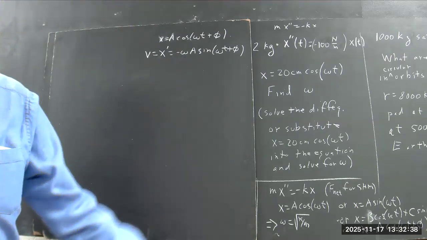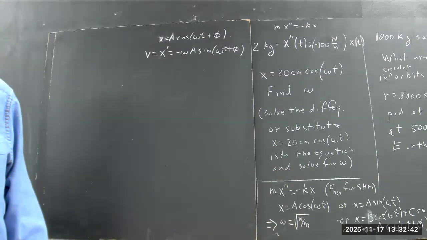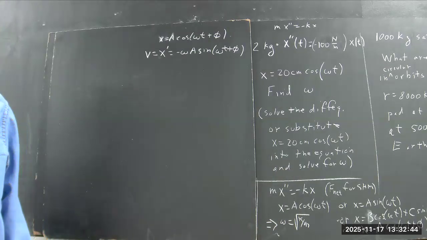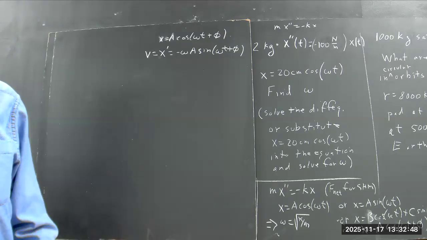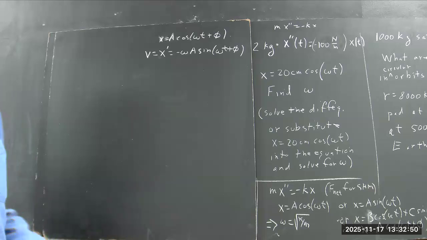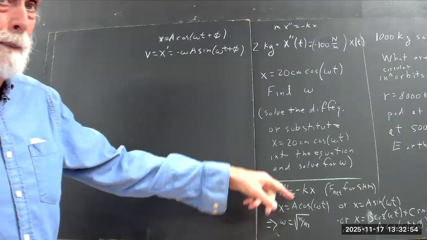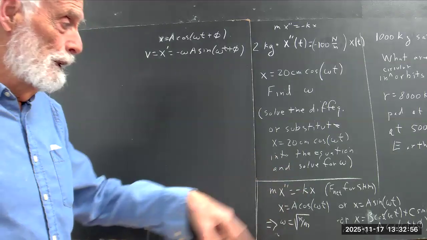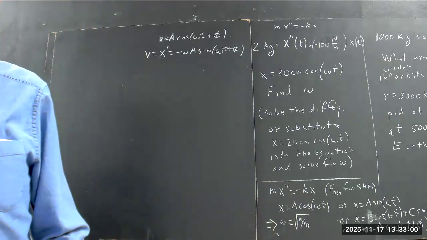It's not one half a t squared plus bt plus c or whatever. It's not an equation you get from assuming that the acceleration is constant. Acceleration isn't constant. Acceleration is x double prime, which in this case had better not be constant, because if it is, this side is zero.